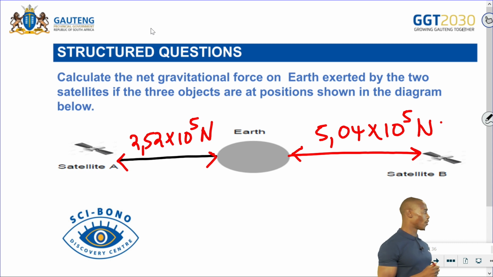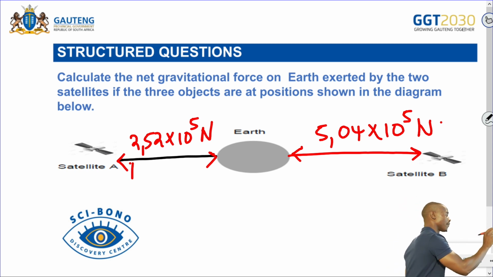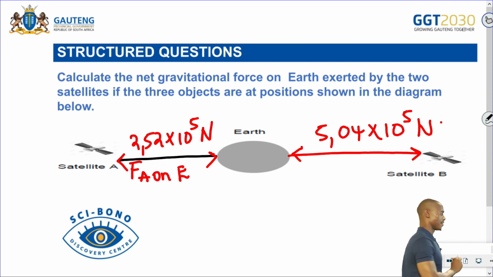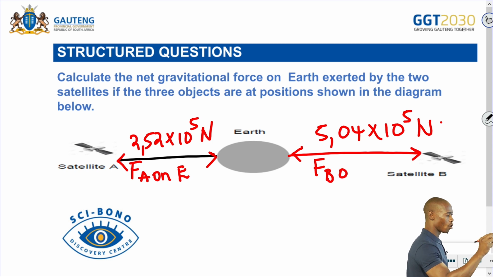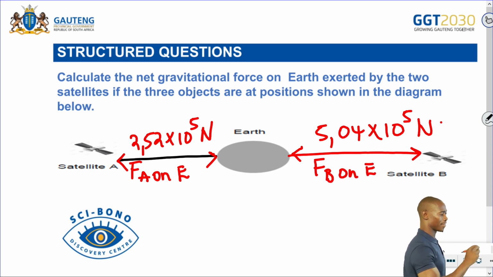So this is the force exerted by A on Earth, and this is the force exerted by B on Earth.